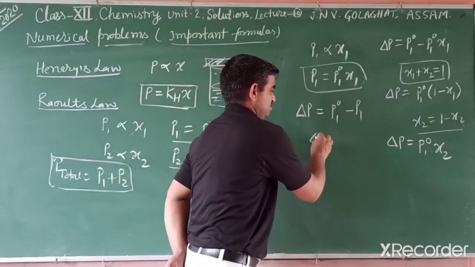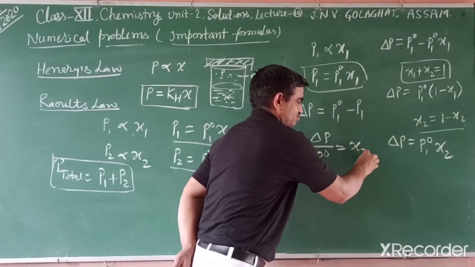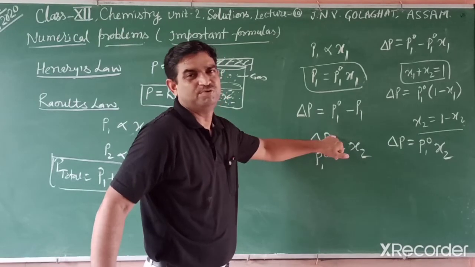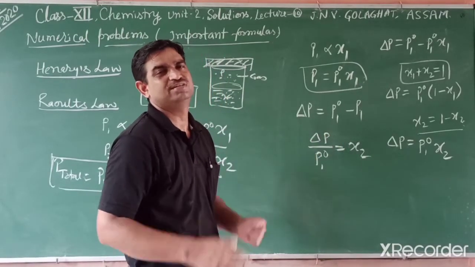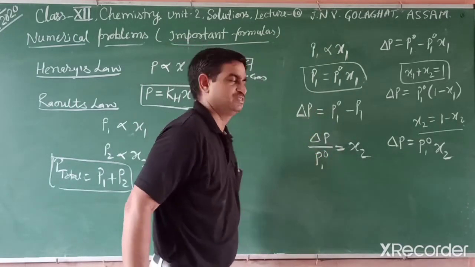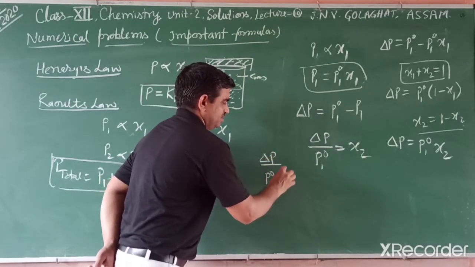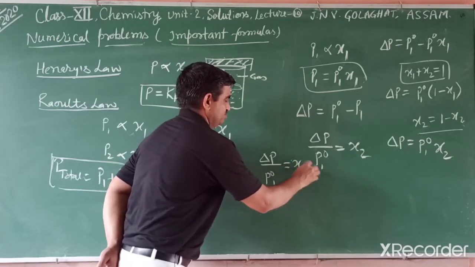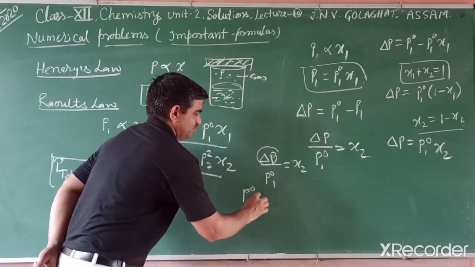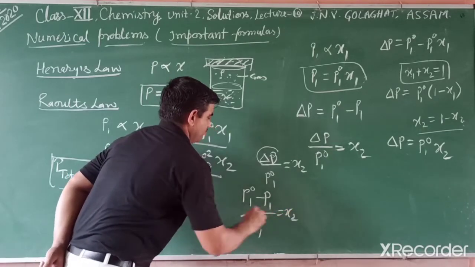So delta P divided by P naught 1 is equal to the mole fraction of solute. Delta P is known as the lowering in vapor pressure, meaning the reduced pressure. When we divide it by the pure vapor pressure, that is the relative lowering of vapor pressure. In place of delta P we can write P naught 1 minus P1 divided by P naught 1. So this is also a Raoult's law.